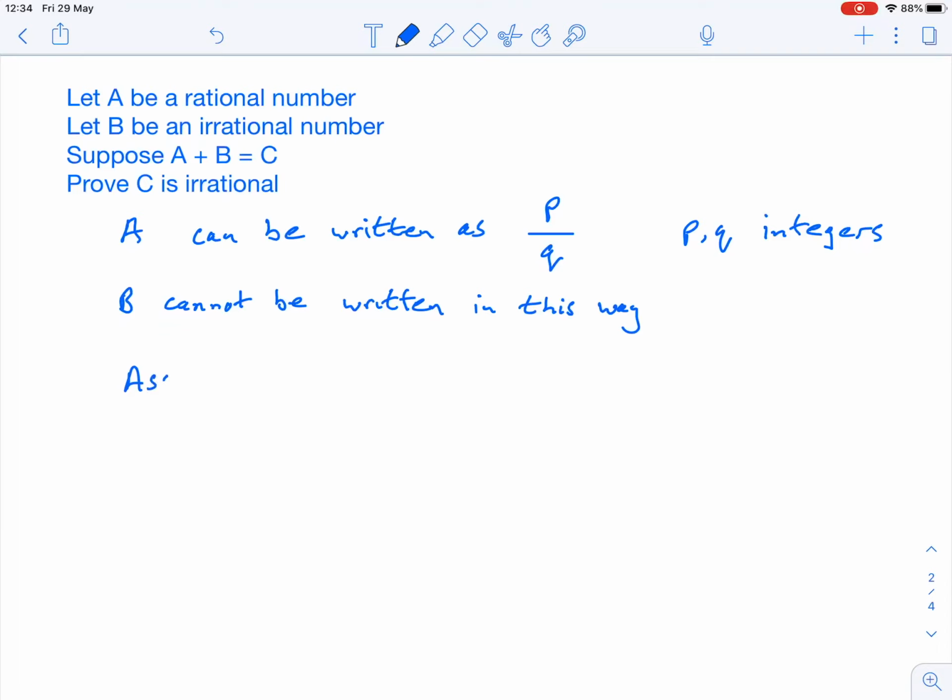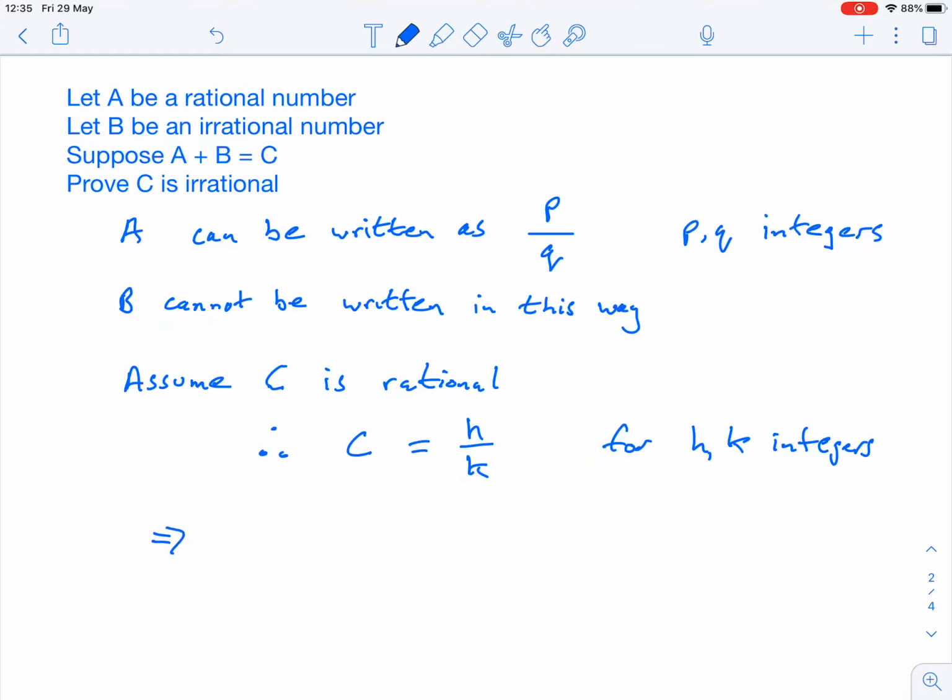Assume the opposite. Assume c is rational. Therefore, c can be written as, let's say, h over k, for h, k being some integers. But now let's look at this relationship a plus b equals c.